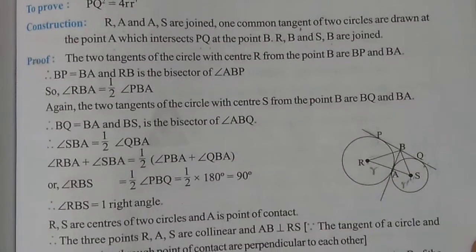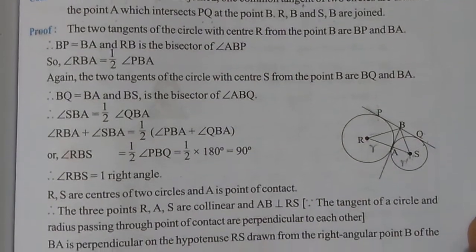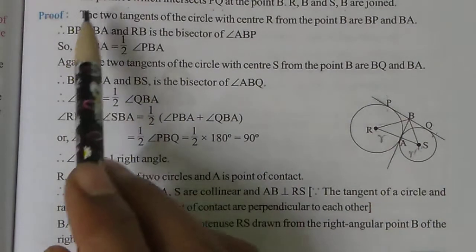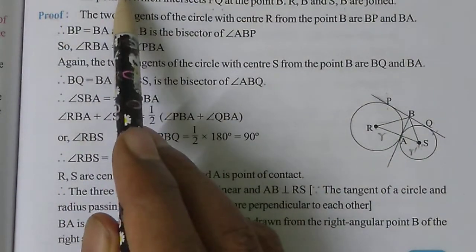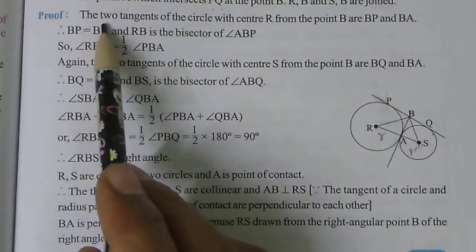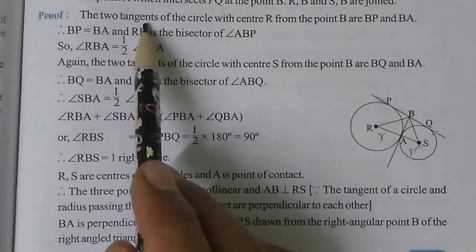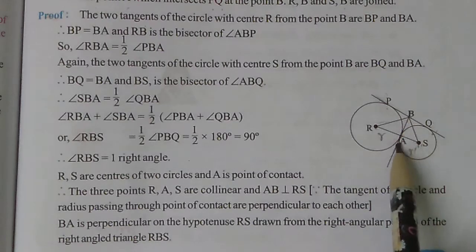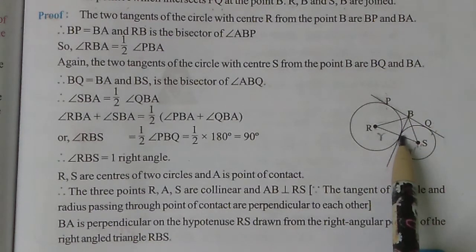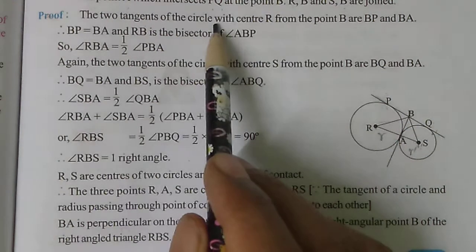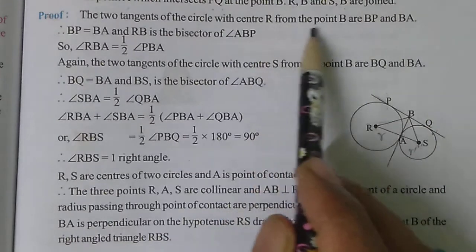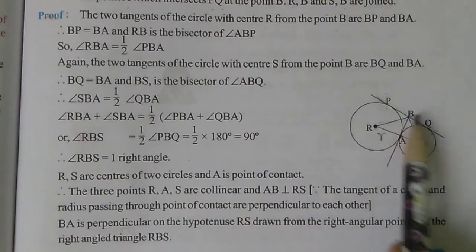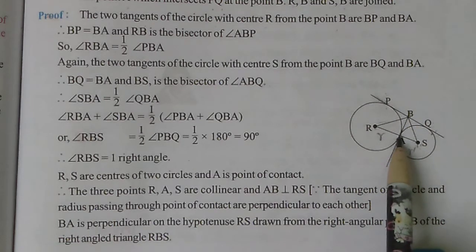Now the proof. Here two tangents PQ and AB are drawn to the circle with center R from the point B. Here PB is one tangent and BA is also a tangent.